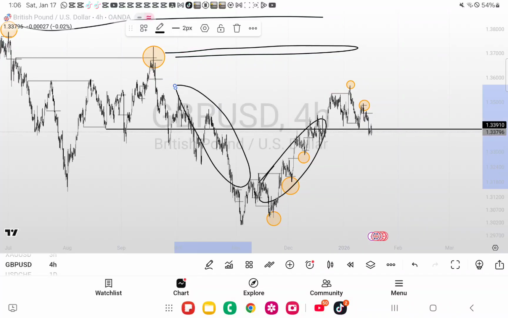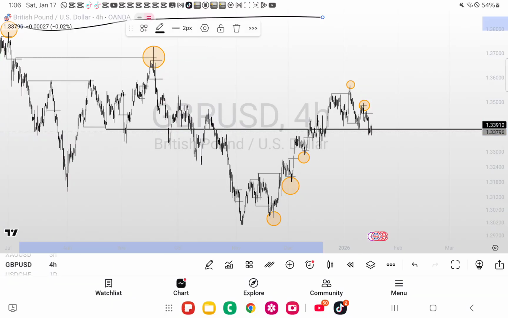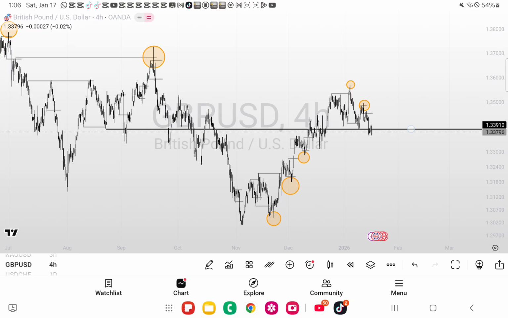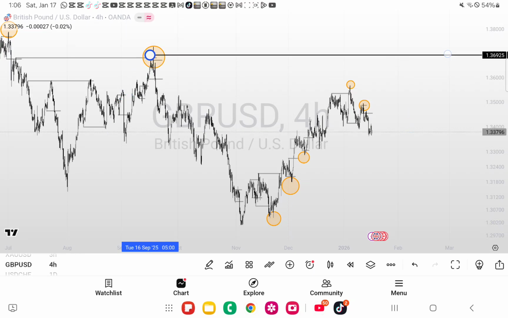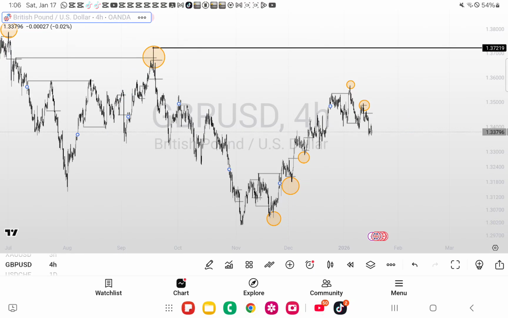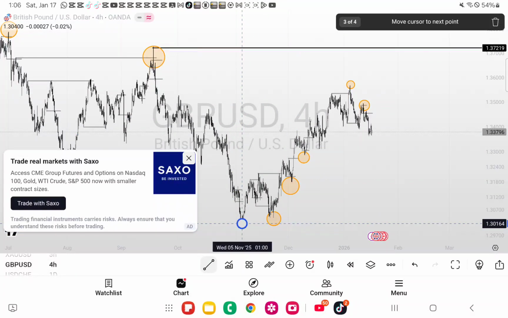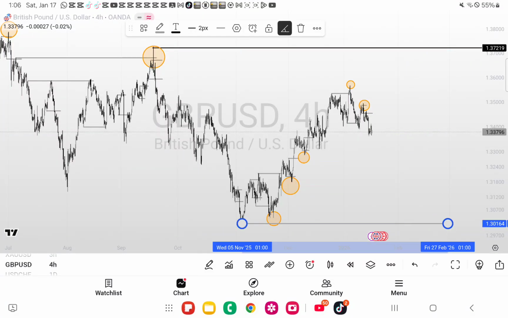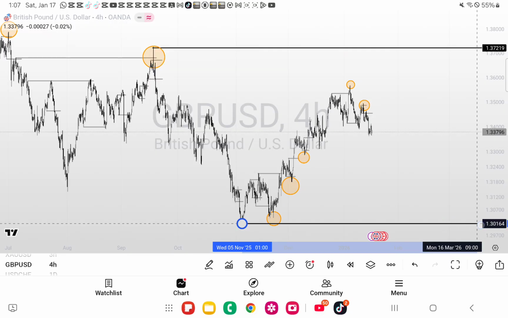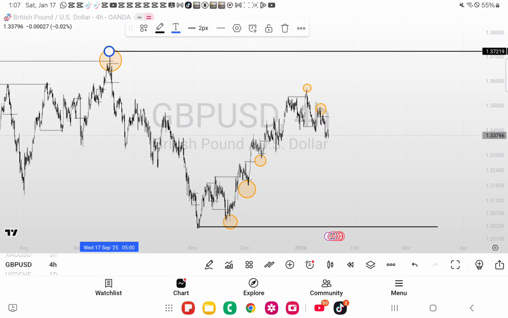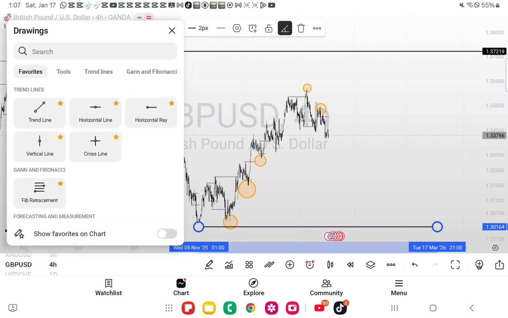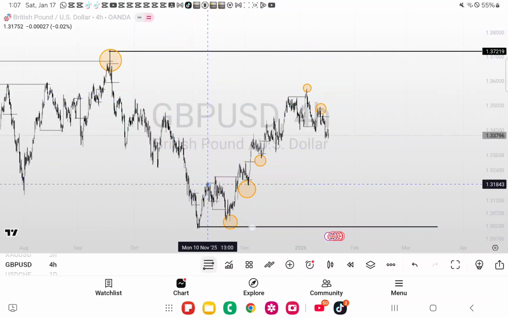So let's take, for instance, this drop to the downside from here. From here, we have this high. This is our high and this is our low. If you use your Fibonacci, you will see what happened there.